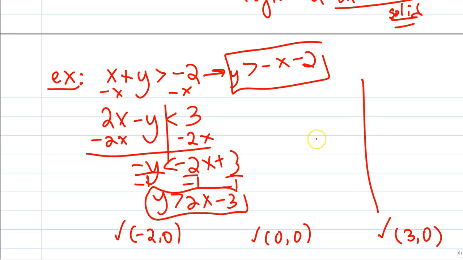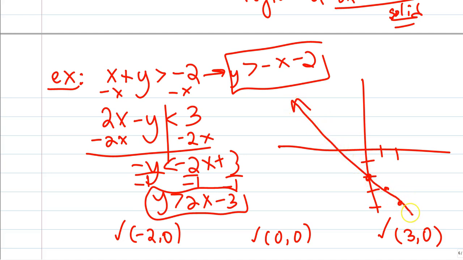What does this look like? Well, the first one has a y-intercept of negative 2 and a slope of down 1, right 1. If you draw this line, you've made a mistake because this was not equal to. This line should be dotted. Get your eraser and make the line dashed.